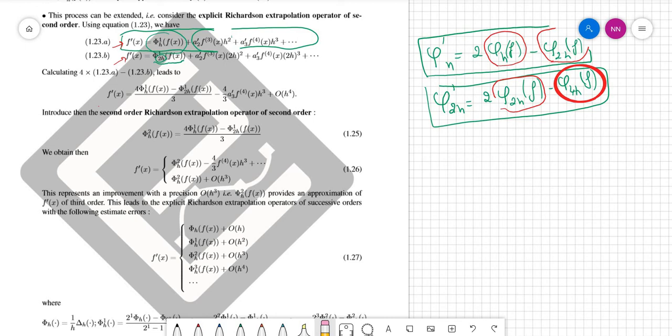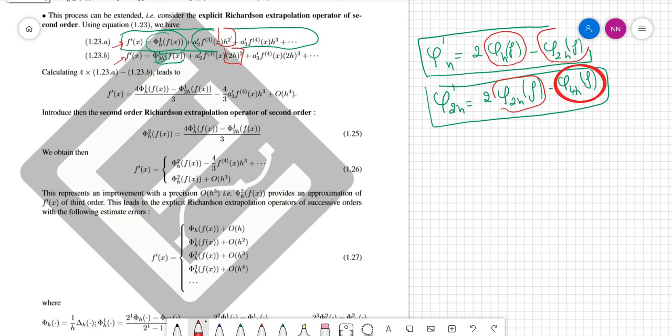This is the order 2 in the first expression, and this is the order 2 in the second expression. If we have these two expressions, I will be able to combine both in order to remove this second order and obtain a higher order.